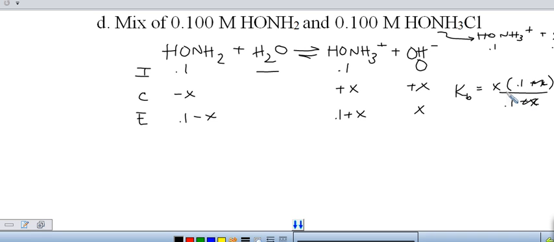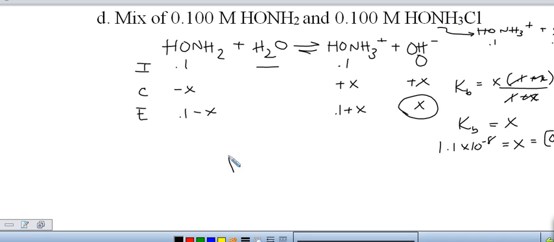But remember now, x corresponds to the hydroxide ion concentration. So I can find the pOH, which is negative log of 1.1 times 10 to the negative 8th. And from that, I can say pOH plus pH is equal to 14, and I would be able to get my final answer.